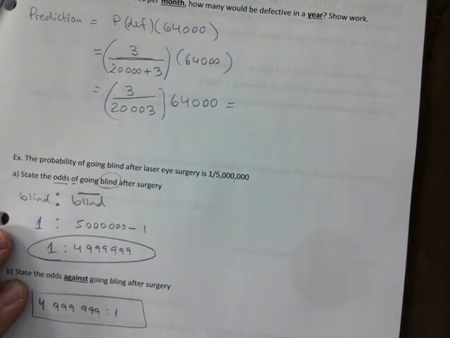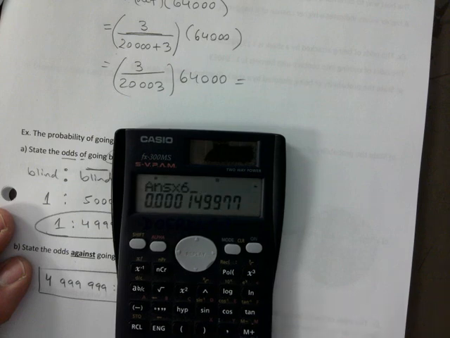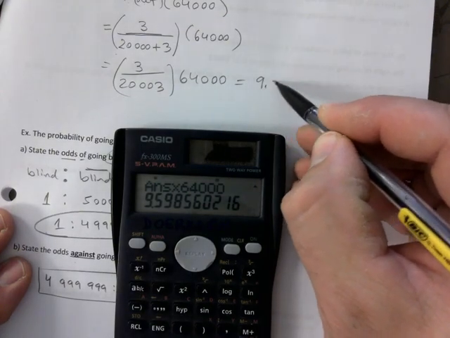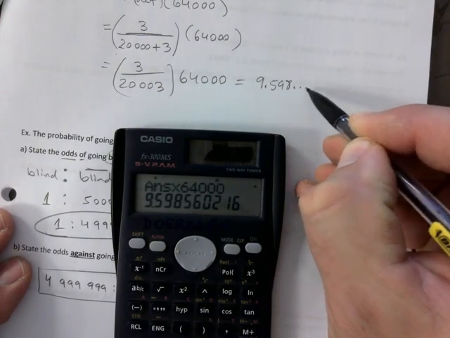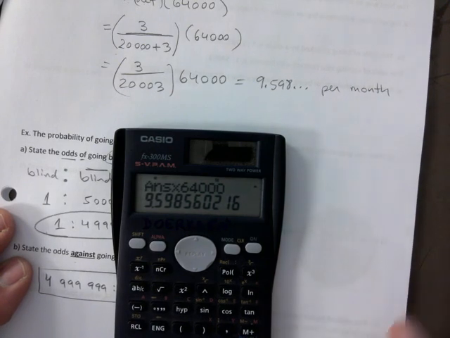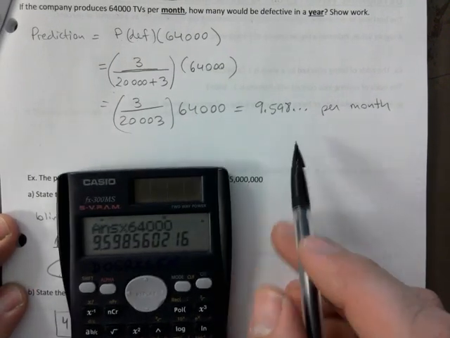And what do we get there? 3 divided by 20,003 times 64,000 TVs. That's 9.598 per month. Right? We just figured out how many defective TVs there would be in a month.